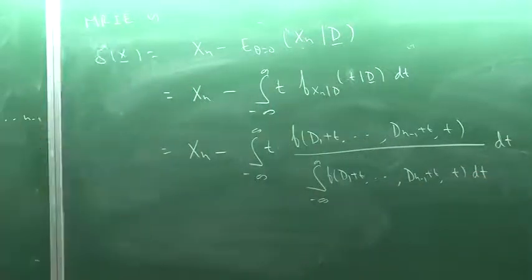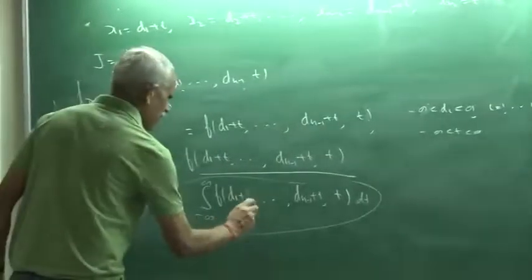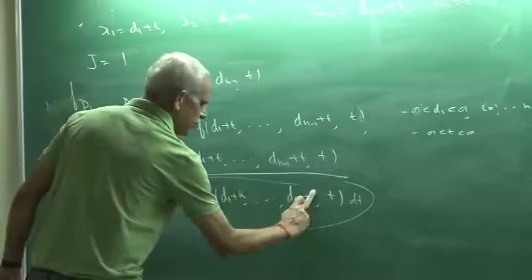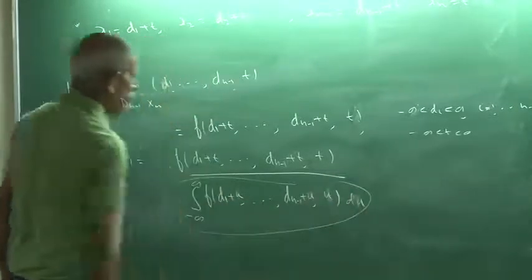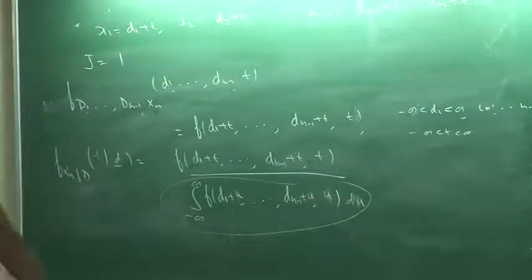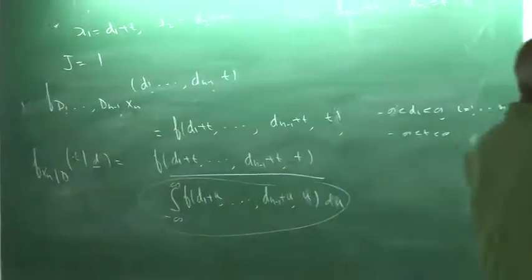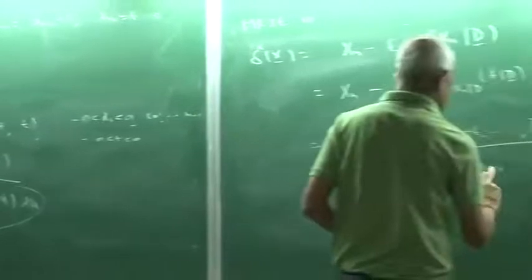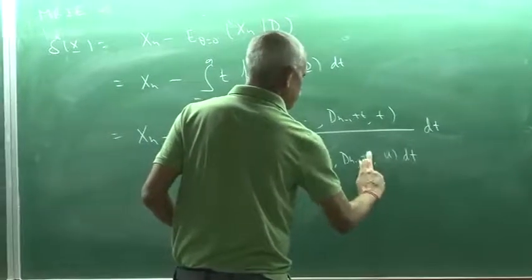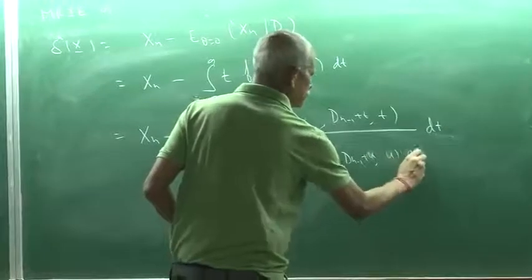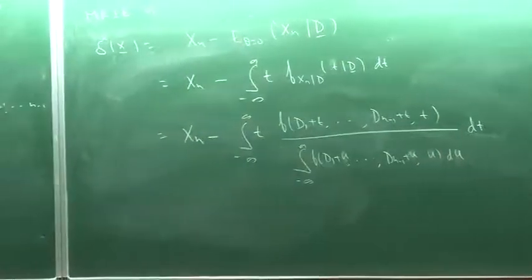Note that here, if you want, you can write this as some other variable, because this has to be integrated out. So if it is integrated out, you can put any variable over here. You can make the transformation t is equal to u. That is done just to avoid this dt with this dt. All right.